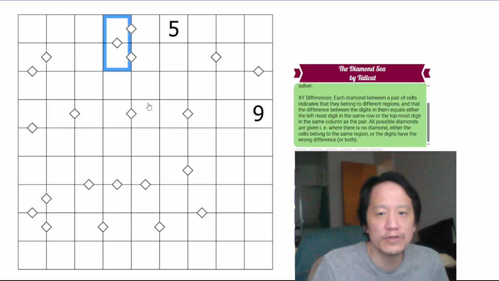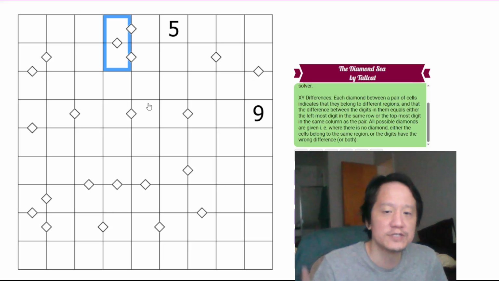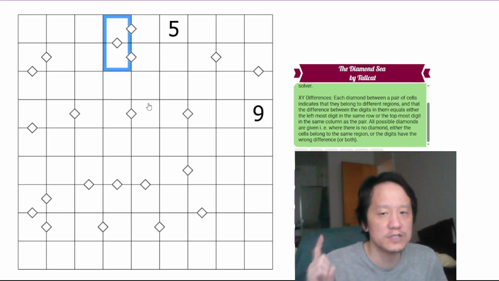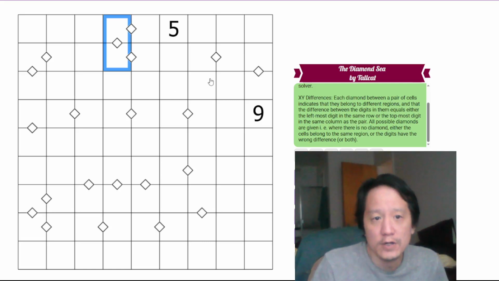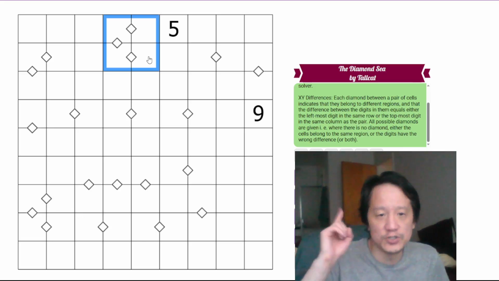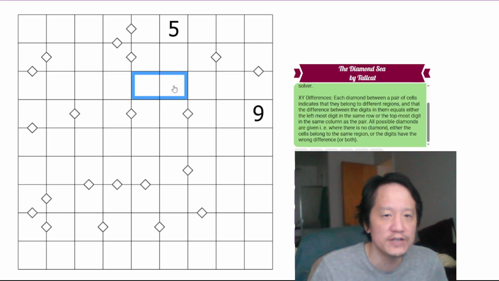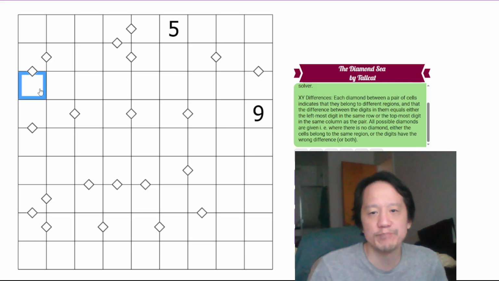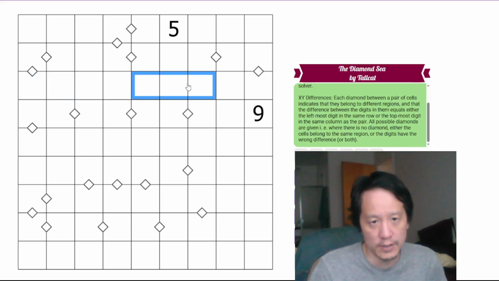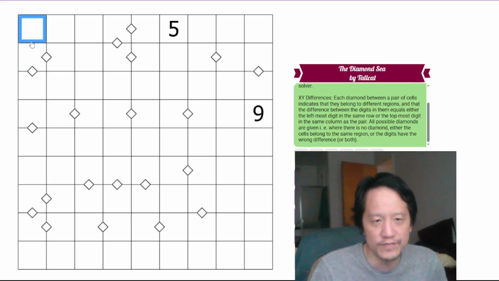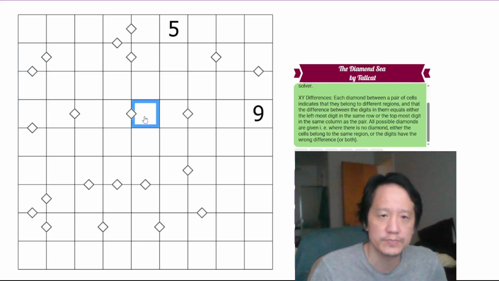That is, where there is no diamond, either the cells belong to the same region or the digits have the wrong difference, or both. So there is a negative constraint involved here. So basically, if these two digits were in different regions, they could not have a difference that would be the leftmost digit in this row. So that's very interesting, actually.